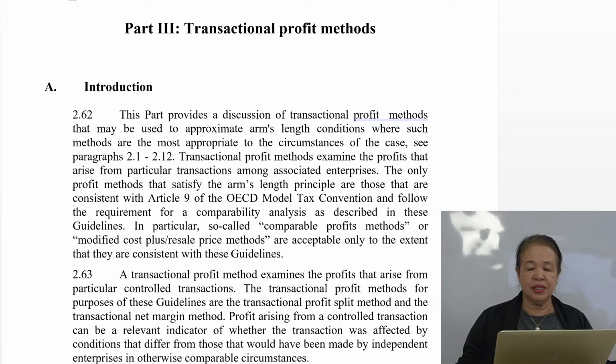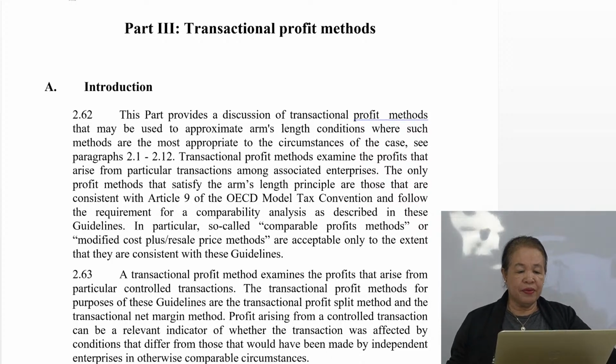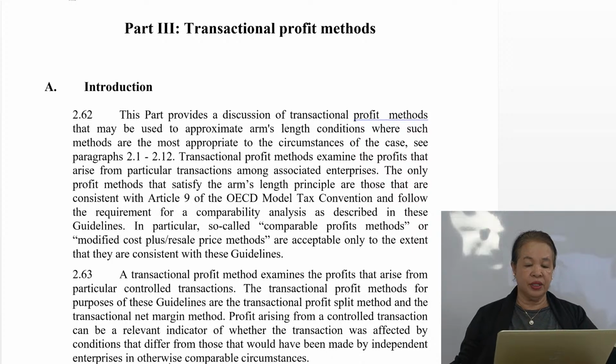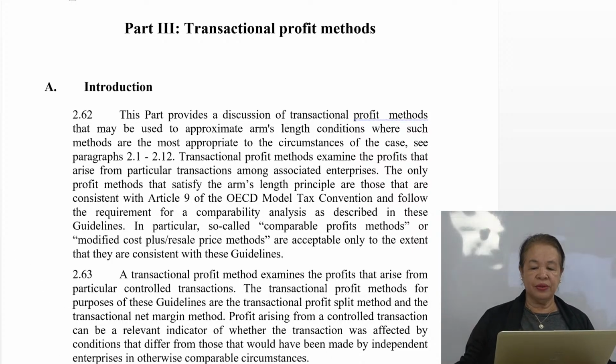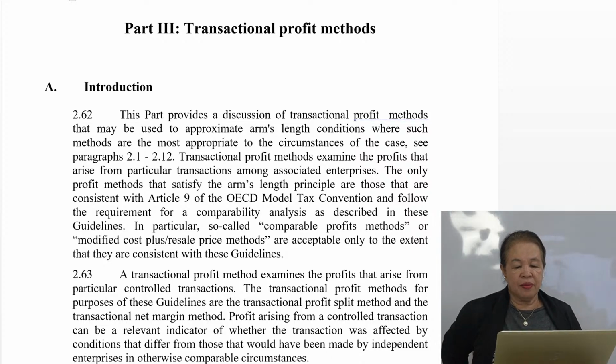Transactional profit methods examine the profits that arise from particular transactions among associated enterprises. The only profit methods that satisfy the arm's length principle are those that are consistent with Article 9 of the OECD Model Tax Convention and follow the requirement for a comparability analysis as described in these guidelines.